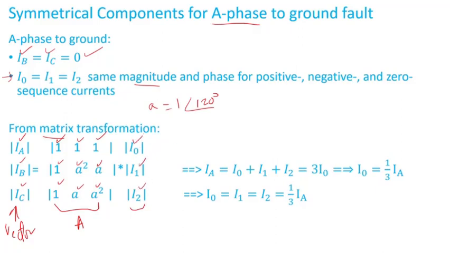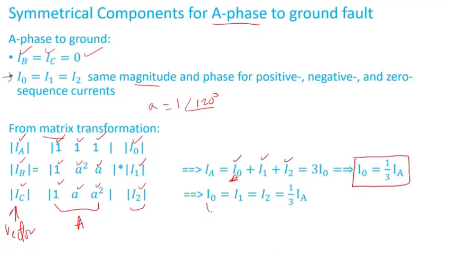So if you write the terms, phase A current is just I0 plus I1 plus I2, which equals 3I0. Then if you want I0, it's just 1/3 of phase A current. As I stated in the previous videos, we dropped subscript A because we're talking about phase A, this is zero sequence of phase A basically, but we dropped it just to be simple.